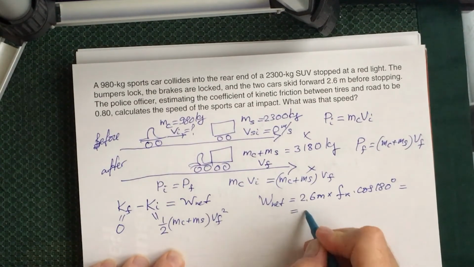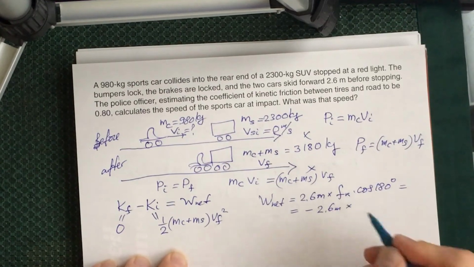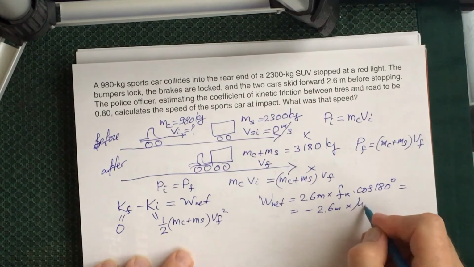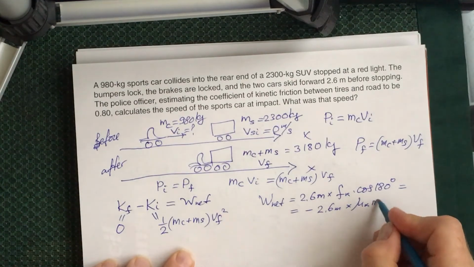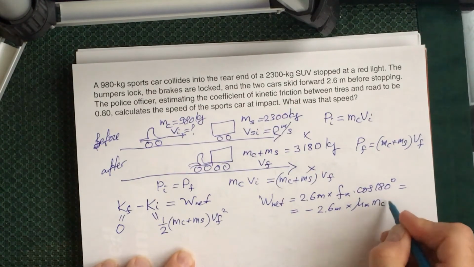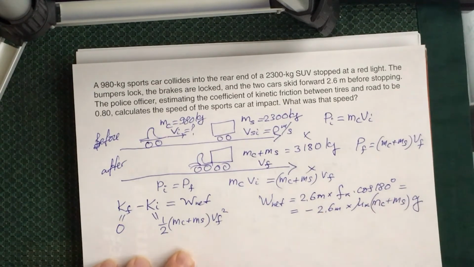So you will have minus 2.6 meters times the kinetic friction force, which is the kinetic coefficient times the normal force, which is equal to mg. So M car plus M SUV, the total mass, times g.